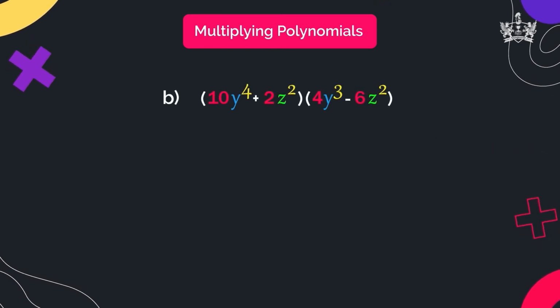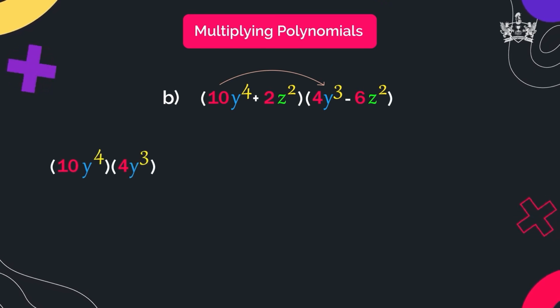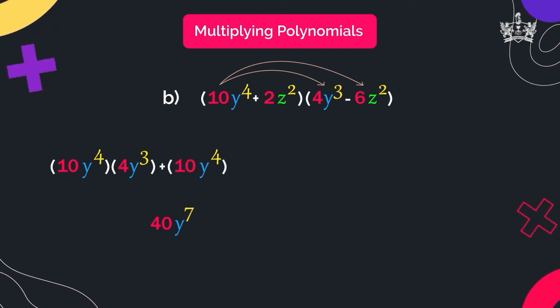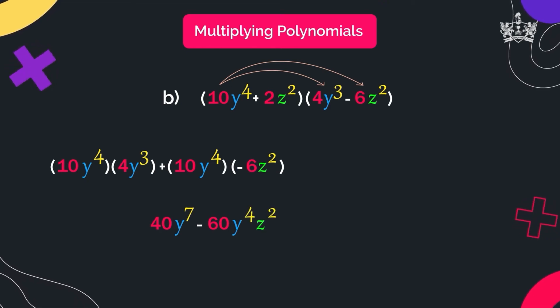For the next one, we have multiple variables, so keep that in mind. 10y to the fourth power times 4y cubed, which is 40y to the seventh power, plus 10y to the fourth power times negative 6z squared, which is negative 60y to the fourth power times z squared.